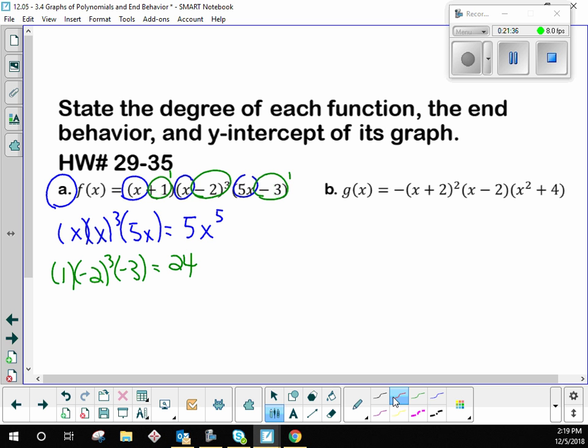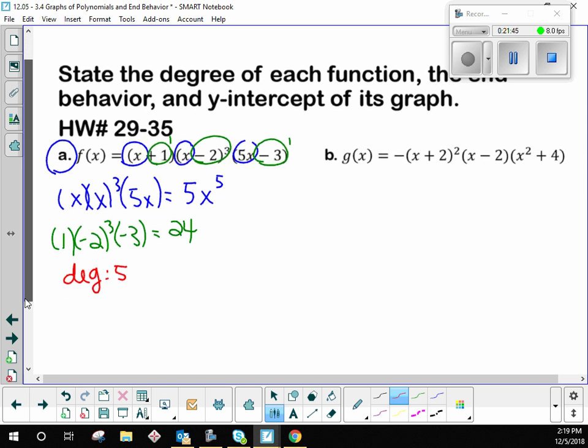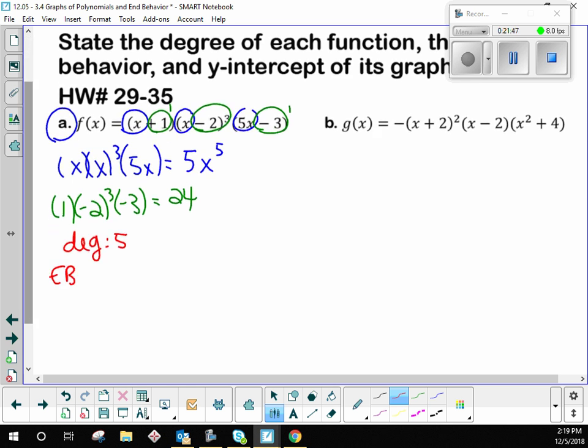So now we do the actual answer. State the degree of the function. What's the degree? 5. The end behavior is a combination of things. Is a positive or negative? Positive. And is the degree even or odd? Odd. So what's the end behavior on an odd function with positive degree?